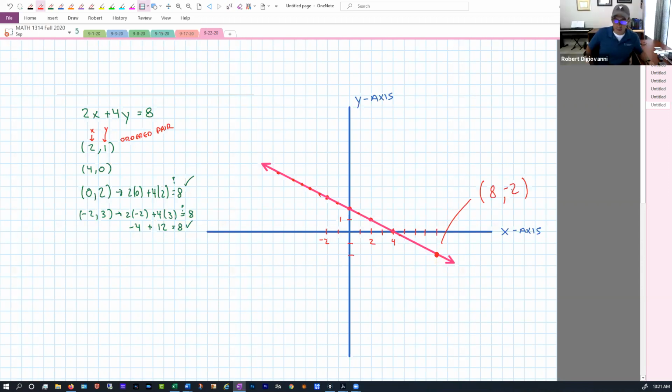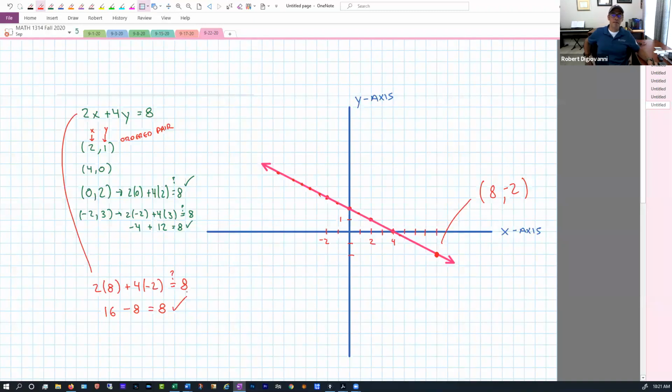It looks like that point should work. And we could check it. Let's just plug it into this. 2 times 8 plus 4 times -2. Is that equal to 8? 16 plus, well, actually that'll be minus because it's 4 times -2, so -8. Is that 8? 16 minus 8?